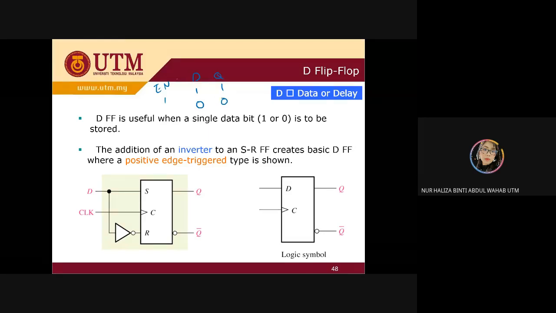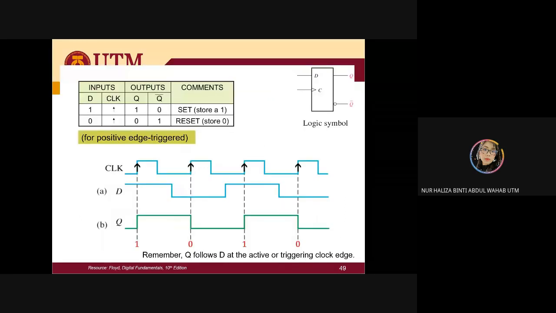Totally similar, only now it is clock, whether it is up and also down. Let me show the example here. You can see the table is totally similar. If your D is 1, your output will be 1, which is set. If it is 0, then it will be 0 for a reset.